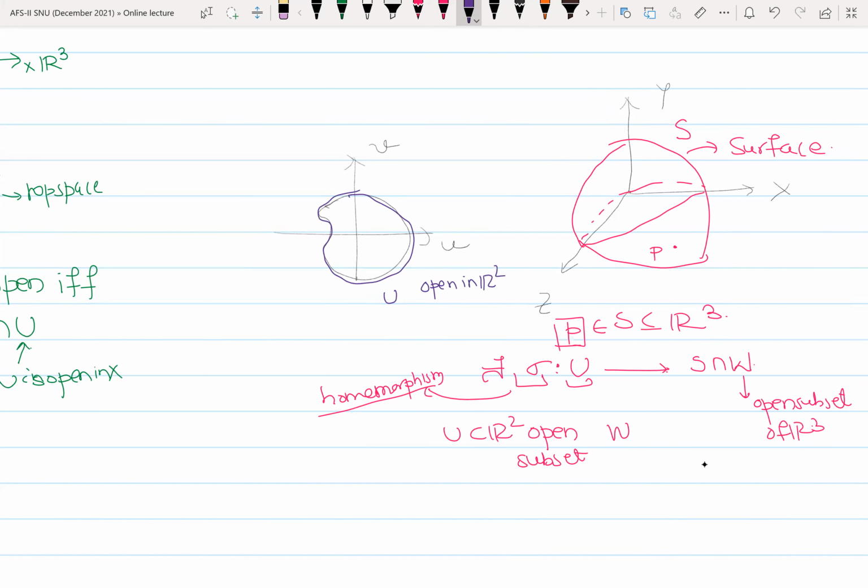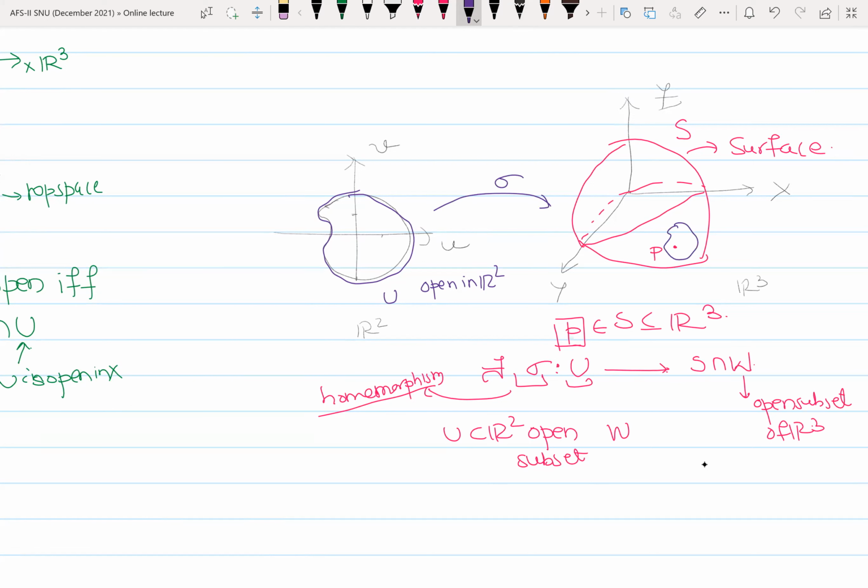In general we write X, Y coordinates for R2, but now we have to deal with R2 and R3 separately, so we will write coordinates for R2 as U and V. This is exactly like X and Y, just denoted by U and V. Then you have this map sigma, and the image of sigma is somewhere here.